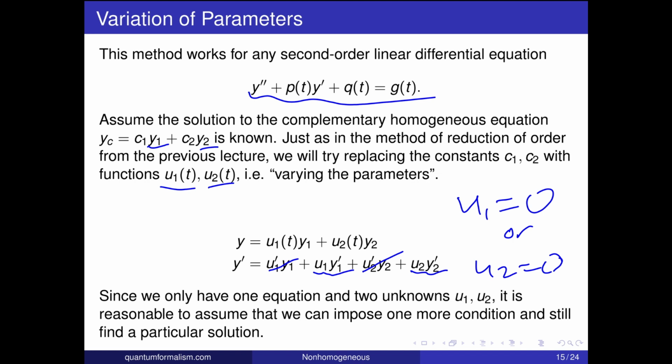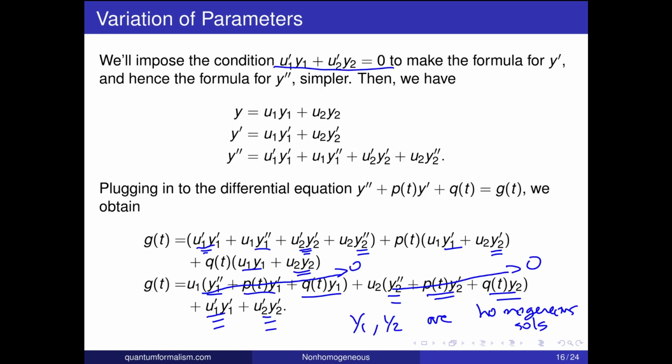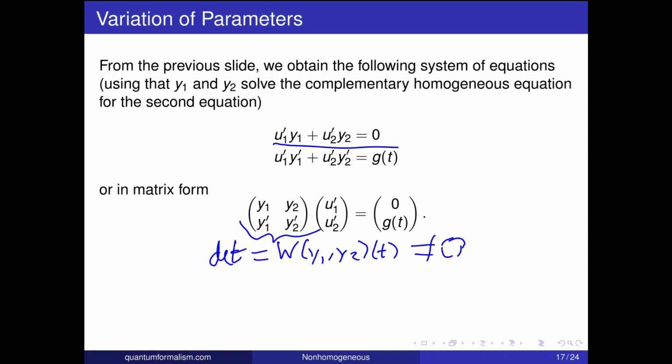You could make some other choices of conditions to impose on u1 and u2, but pretty much that's just going to lead to a system of first order differential equations rather than the choice that we made. We got a system of linear algebra equations, which was quite nice. But if you made some other choice of condition to impose, you'd probably end up with a system of two first order differential equations.